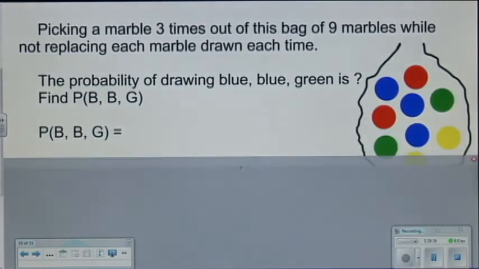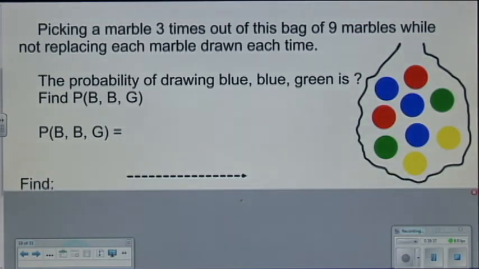Let's take a look at this experiment. Picking a marble 3 times out of this bag of 9 marbles while not replacing each marble drawn each time. The probability of drawing blue, blue, green. What is that probability? Well, blue, there are 3 blue marbles out of a total of 9. So, therefore, in the first event it is 3 out of 9 to choose the blue marble. In the second event, there are only 2 blue marbles left out of a total of how many marbles in the bag?